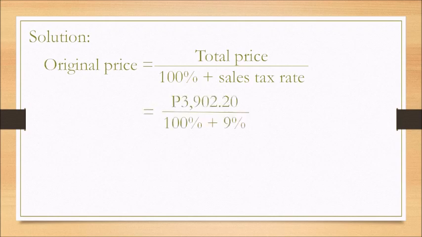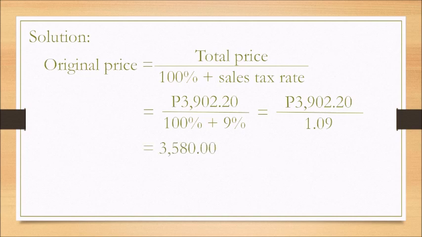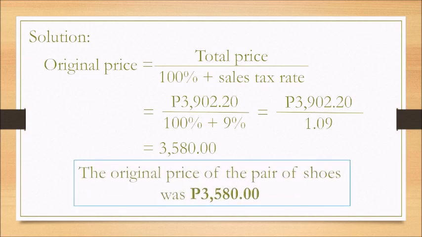So that would be 3,902.20 divided by 100 plus 9, so 109%. So that would be 3,902.20 divided by 1.09. So the original price of the pair of shoes was 3,580.